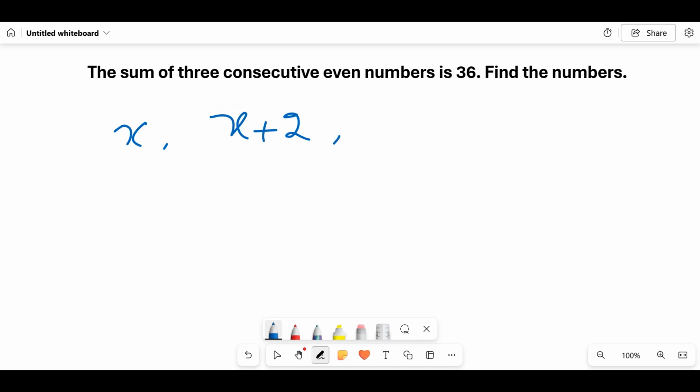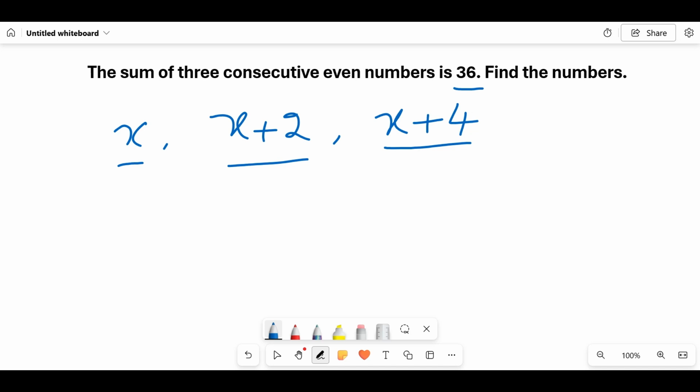And the third number I'll take as x plus 4. So the first number is x, the second number is x plus 2, and the third number is x plus 4. These are the three consecutive numbers and they are saying the sum will be 36, right?